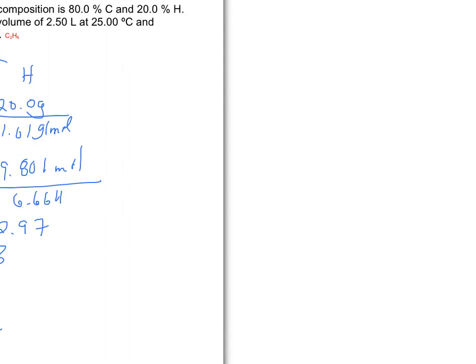The pressure of the second gas sample is 152 kPa, and I have 2.50 liters of it. That was given to me in the question. I can use the ideal gas law to find out how many moles were in that sample.